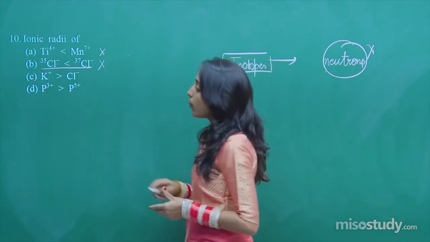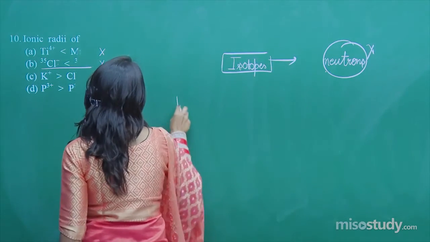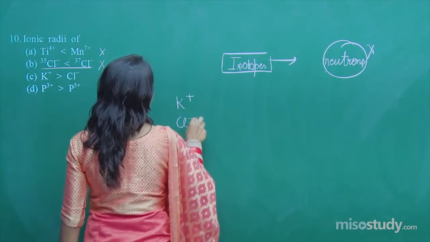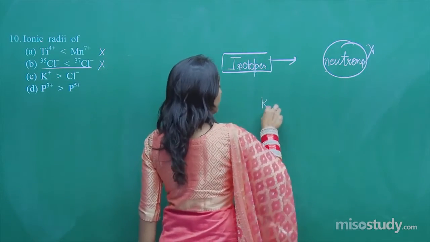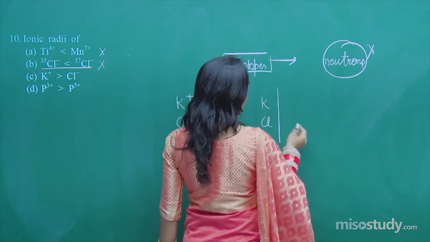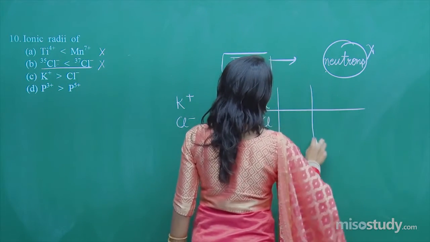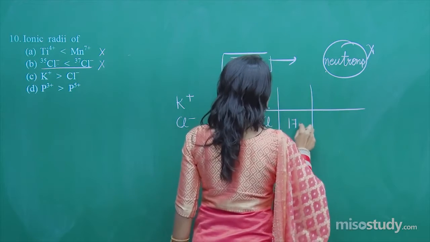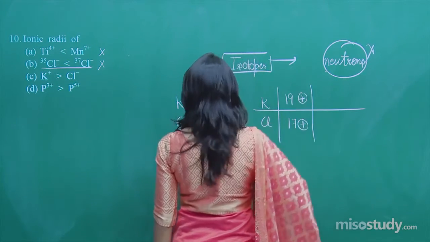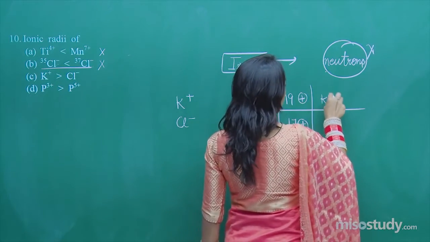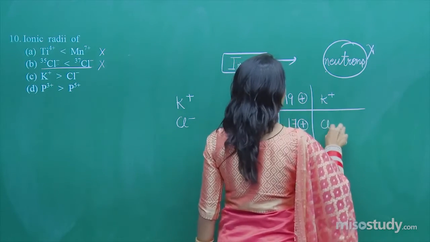Now we have potassium plus is smaller than or greater than chlorine minus. So see, potassium and chlorine. Chlorine is having 17 protons and potassium was having 19 protons. Now I am talking about potassium plus and chlorine minus.